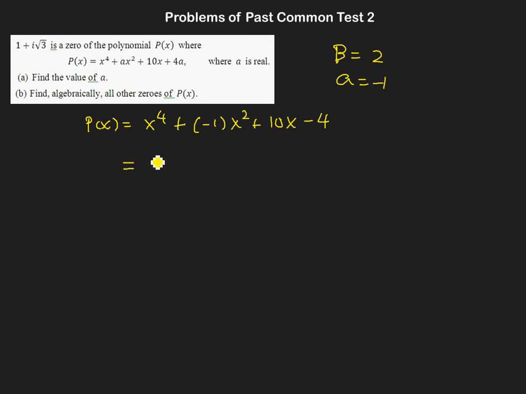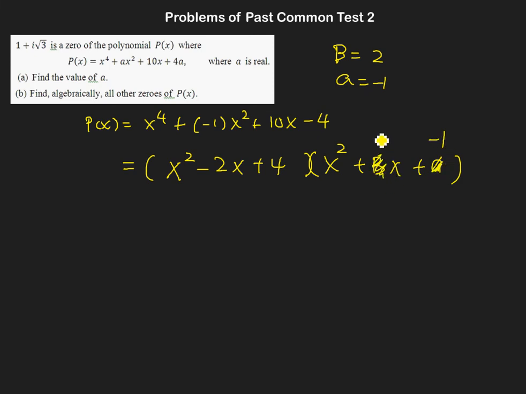We actually expressed this earlier. This is x squared minus 2x plus 4, and then this was x squared plus bx plus a, but we know what a is now. a is actually negative 1, so we replace with that, and b is actually 2.